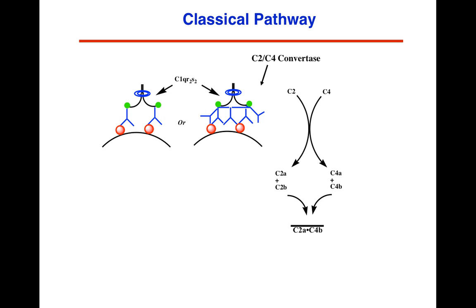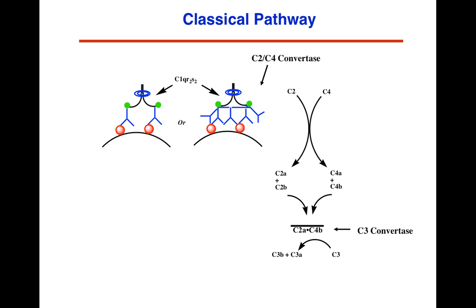Now, the C2A and C4B are going to bind to the surface of the cell, the bacterium, and they form a complex referred to as C2A, C4B. That complex on the surface of the cell is referred to as C3 convertase, because it's now going to carry out hydrolysis of C3, essentially a proenzyme, to C3A and C3B.